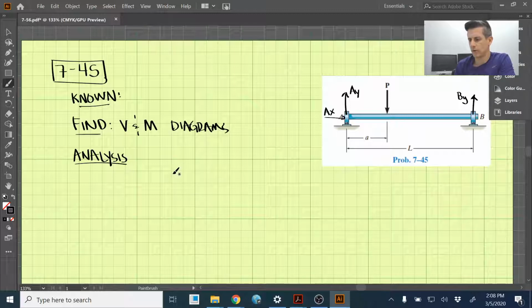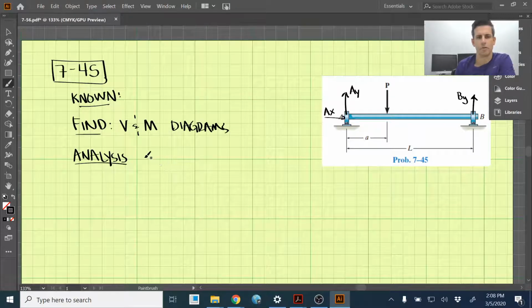So we're trying to find the shear and moment diagrams along this shaft. The first thing we need to do is find the reactions. We can do that by first taking the sum of the moments around A and setting those equal to 0. Counterclockwise is positive.